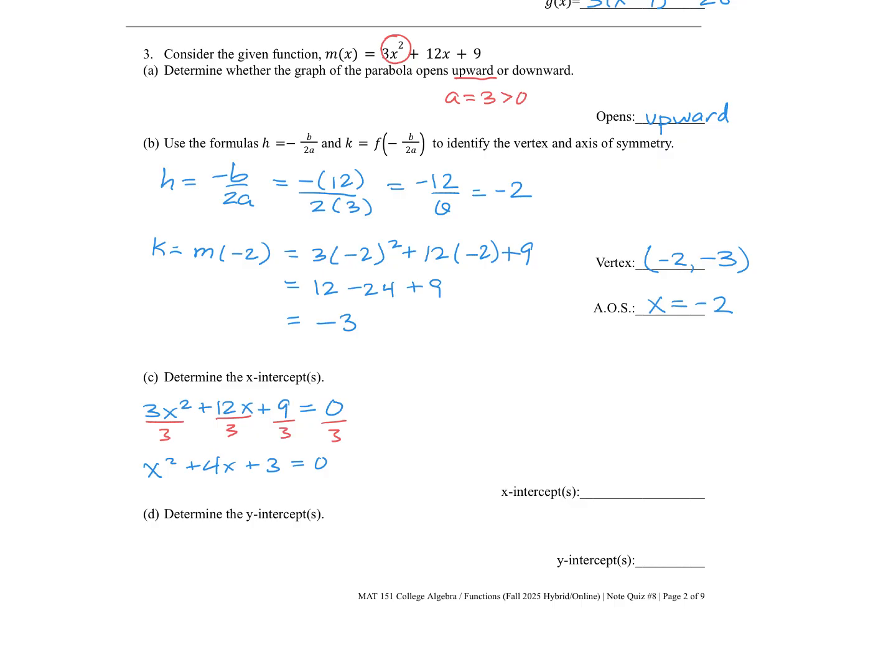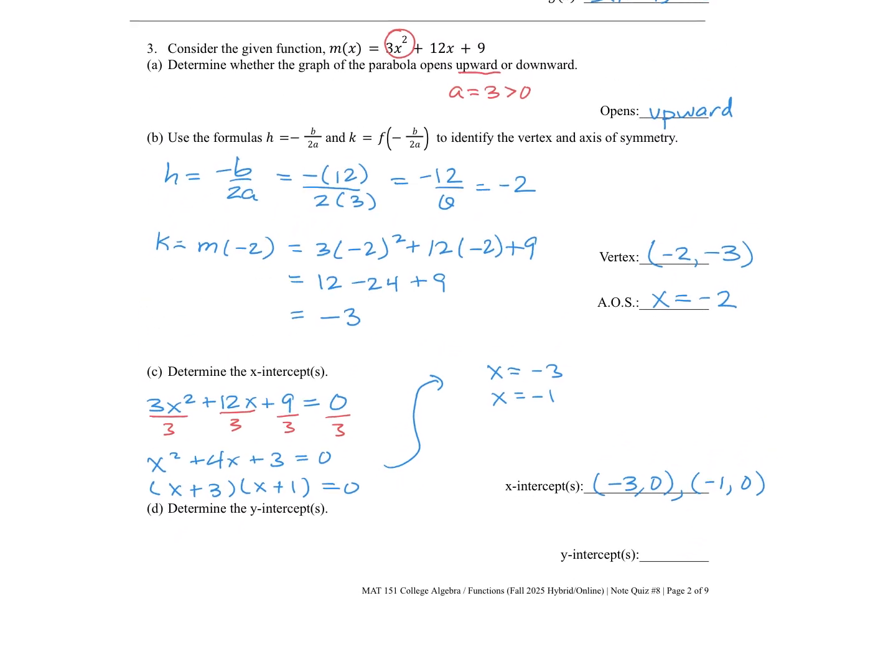You will notice we can easily find two numbers that multiply to make a 3 and add up to a 4. They're namely x plus 3 and x plus 1. So we get x equals negative 3 and x equals negative 1 as our two x-intercepts. Remember again, those are ordered pairs. So it's negative 3, 0, and it is negative 1, 0.